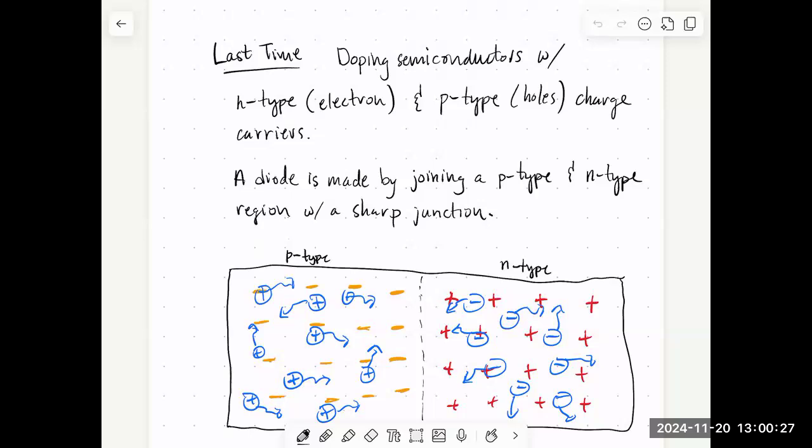So let me remind you about what we discussed about semiconductors and doping. We imagined a piece of solid silicon where there were 4 valence electrons for every silicon atom, and they would share an electron with their neighbors in covalent bonds. Because all these electrons were occupied in the covalent bonds, it's not a good conductor.